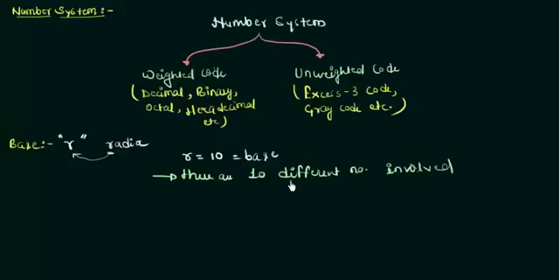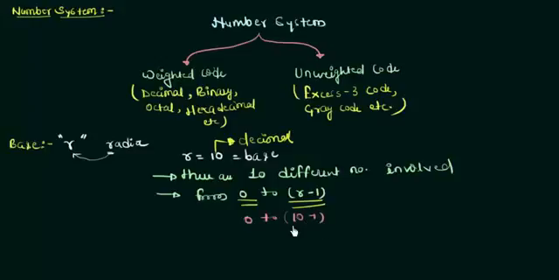Okay, there are 10 different numbers involved, and these numbers are from 0 to R minus 1. This thing is important, from 0 to R minus 1. So the 10 is your decimal system, we all know. The 10 is your decimal system, and if I find out the different numbers, then they are 0 to 10 minus 1, which is 0 to 9.